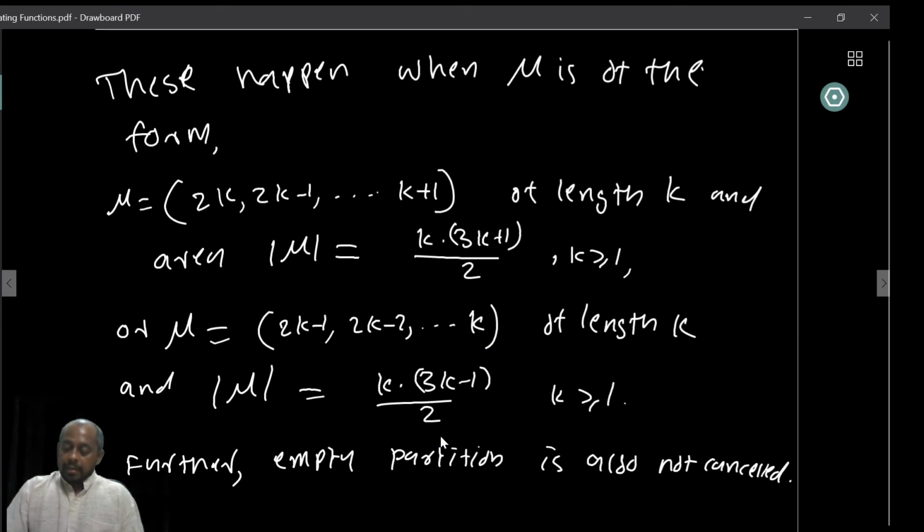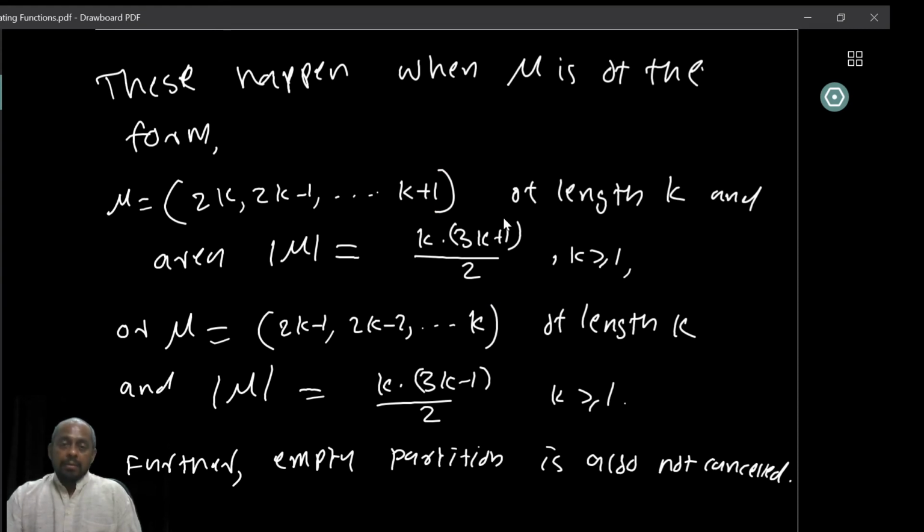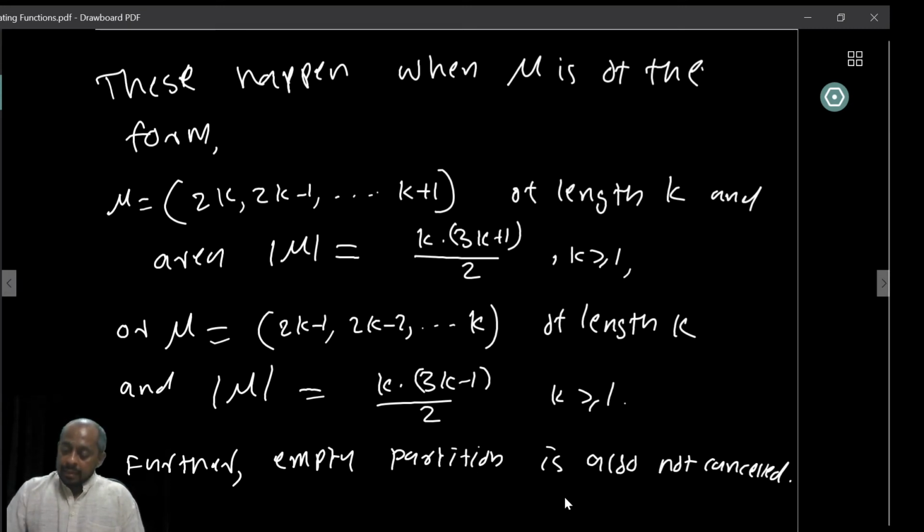Now these two cases, one is the case when the length is equal to B is equal to A, and the other is when B is equal to A plus 1. Both these cases are troubled, and they don't get cancelled. Everywhere else it gets cancelled. The only other case where it does not cancel is the empty partition, which gives 1.